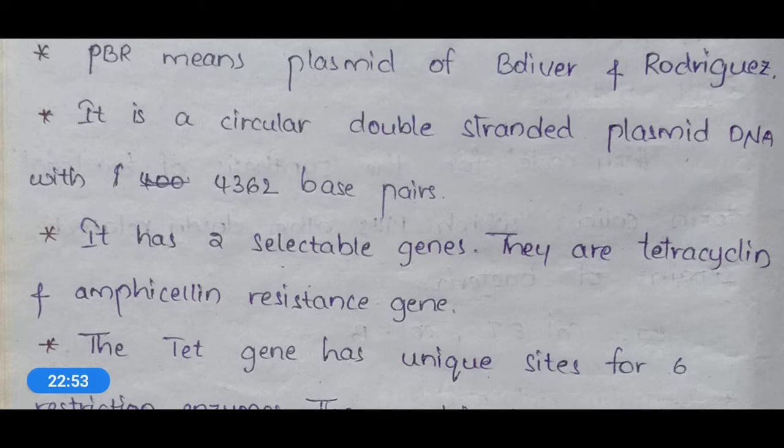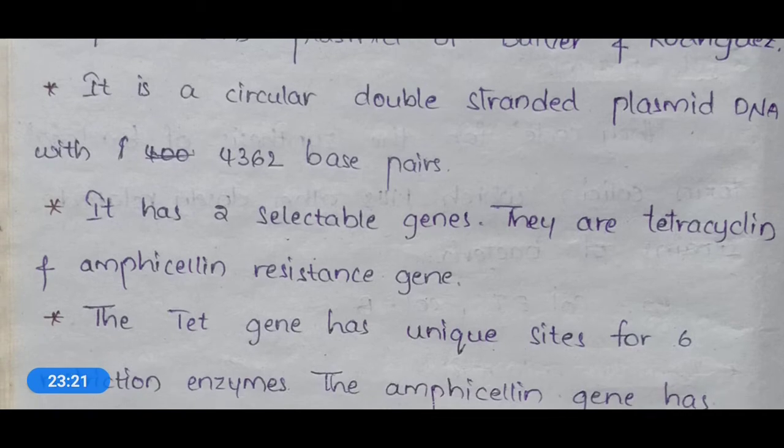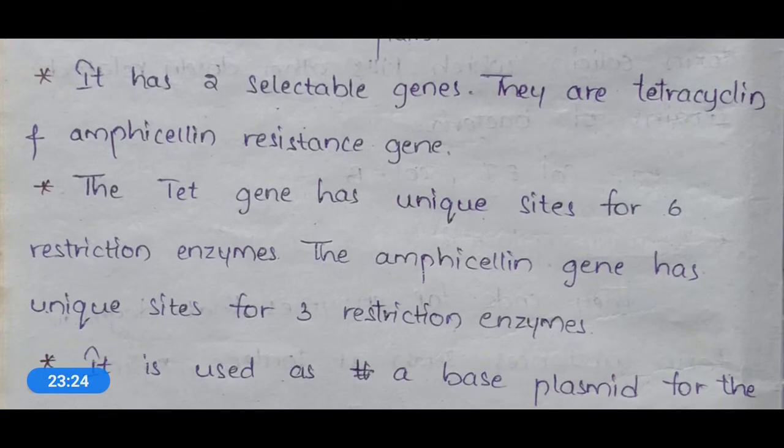So what are those two selectable genes? Tetracycline gene and ampicillin gene. Obviously it will have an origin of replication also, to show its activity. Here the tetracycline gene will have unique sites for 6 restriction enzymes, and the ampicillin gene will have unique sites for 3 restriction enzymes.